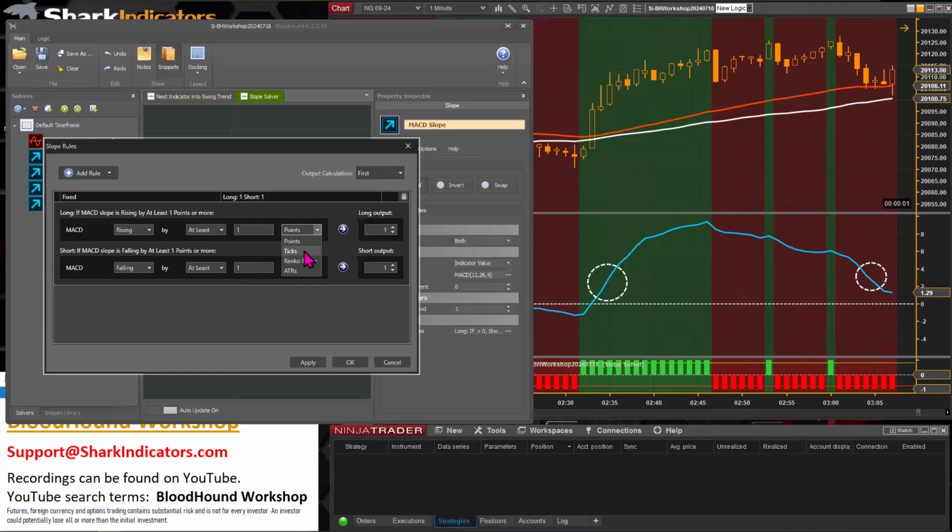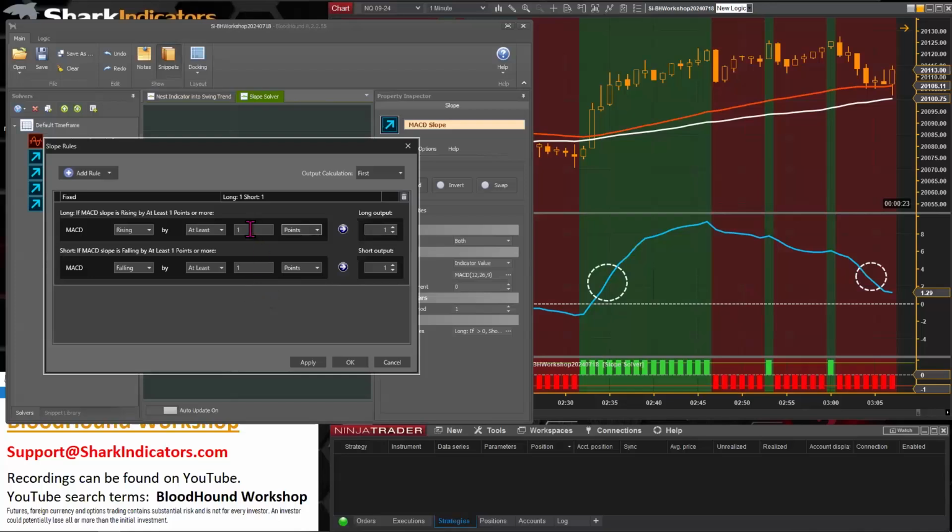So you're going to get this weird result, especially if you switch from an instrument where the tick size is a quarter of a point, to an instrument that moves in 1/100th, or say something like oil, where 1 penny is a tick. Those tick sizes are dramatically different, so if you do use ticks, you're going to get some kind of weird results. So just use points, and things will be a little more consistent there.